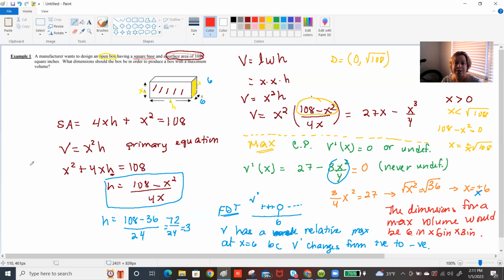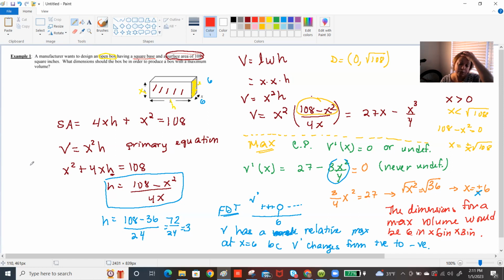So we created a primary equation, the ultimate one that I want to find, and a secondary equation, which gives me the information that I have right now to work with. Then we worked a system of equations to relate both of these, and then go to the optimization part, which is our calculus portion.